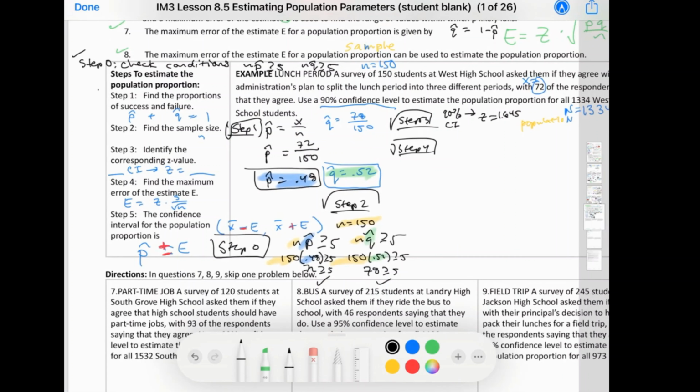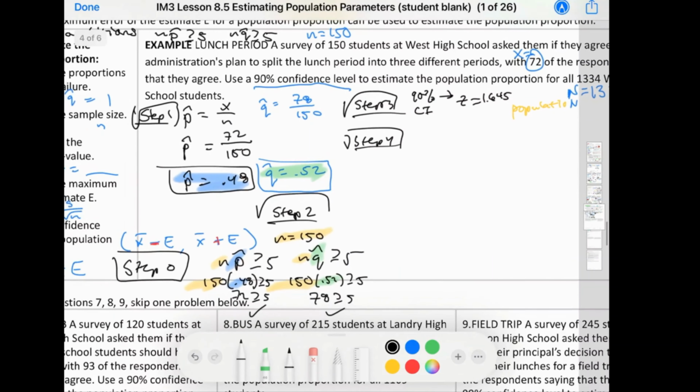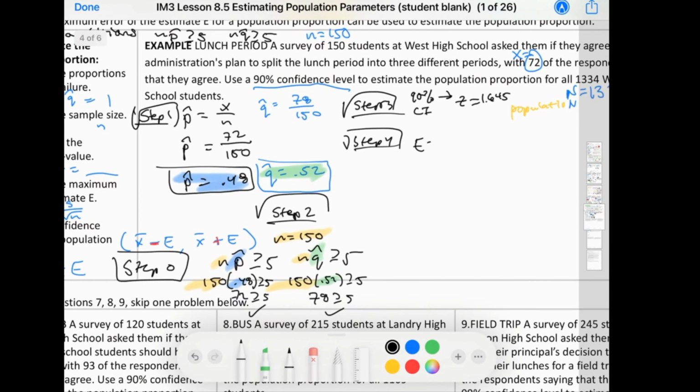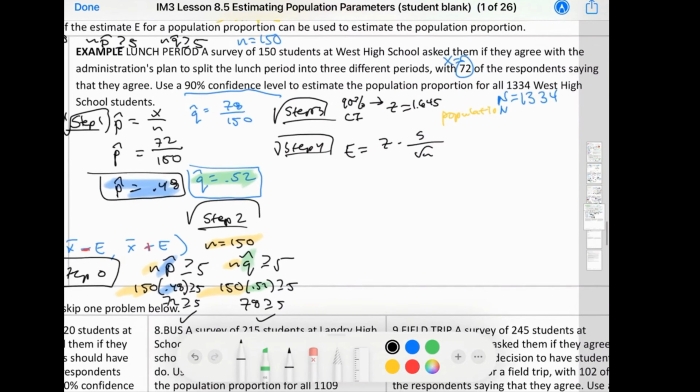So we did step 0, step 1, step 2, step 3. Step 4, we are now finding the maximum error of estimate. E equals z times s over square root of n.